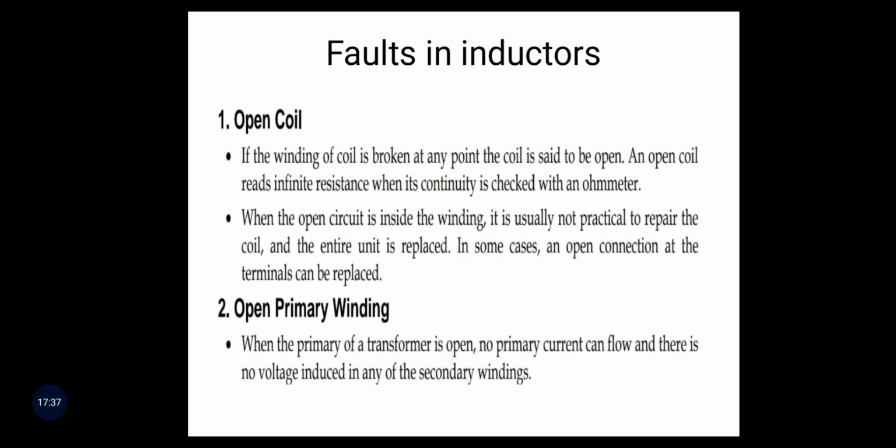Next we are discussing faults in inductors. The first fault is an open coil. If the winding of the coil is broken at any point, the coil is said to be open.